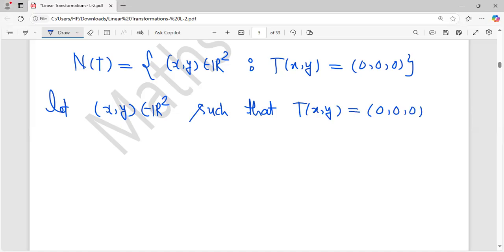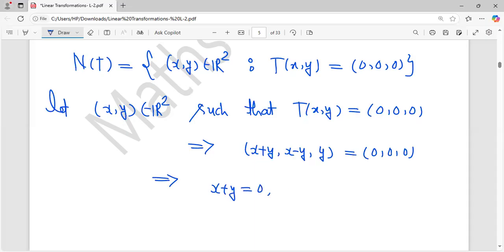But T(x, y) is equal to (x plus y, x minus y, y). So x plus y is 0, x minus y is 0, and y is equal to 0.